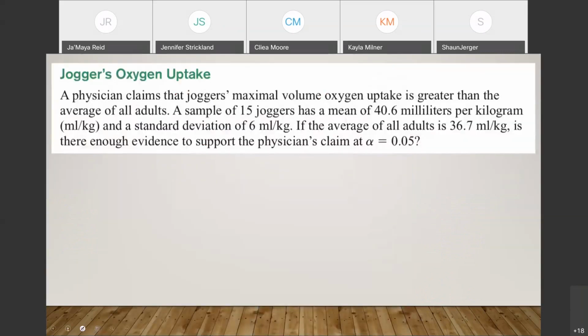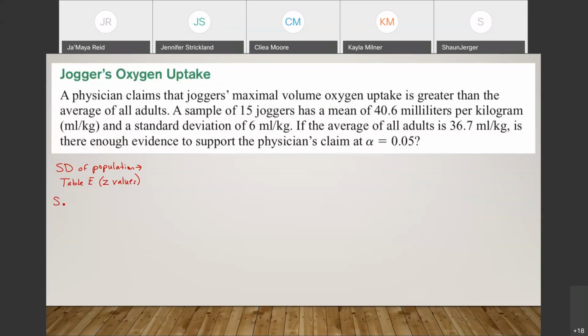So if you have the standard deviation of the population, you're using the first table, which was table E, and it's Z values.